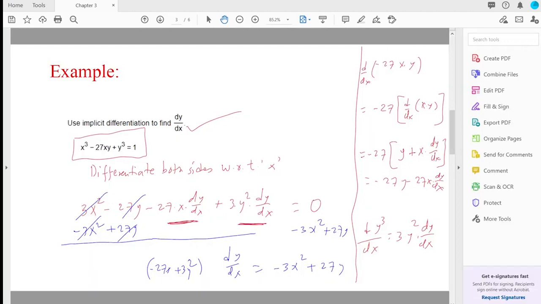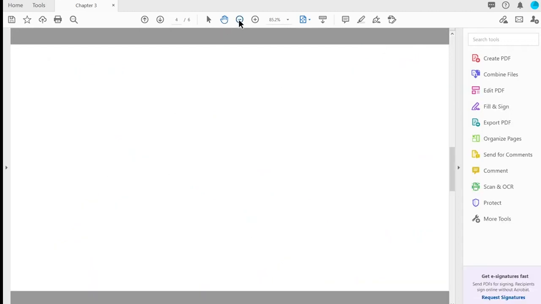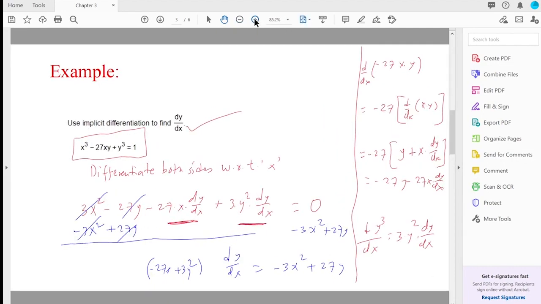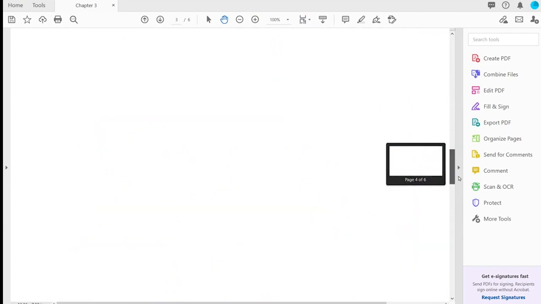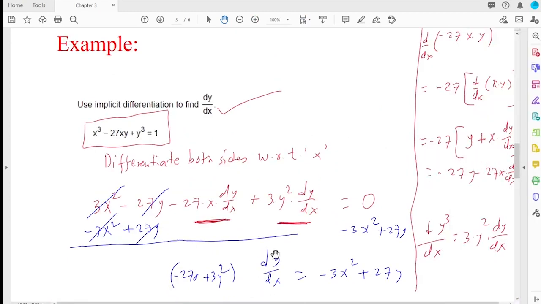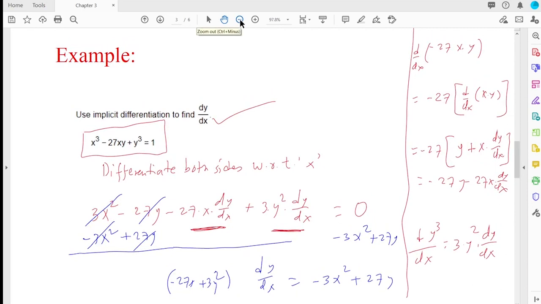So let's do that. Okay, so we have to find dy over dx. We have negative 27x plus 3y squared on the left side. Let's divide both sides by this negative 27x plus 3y squared.